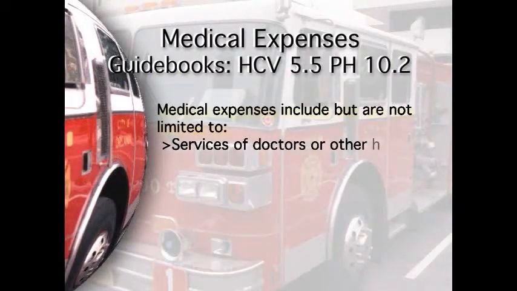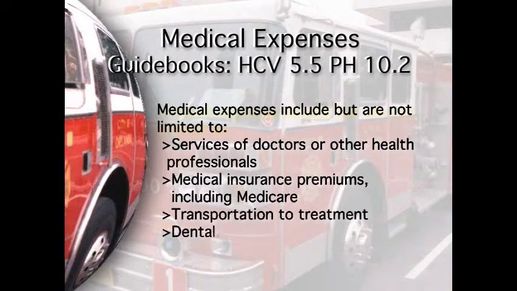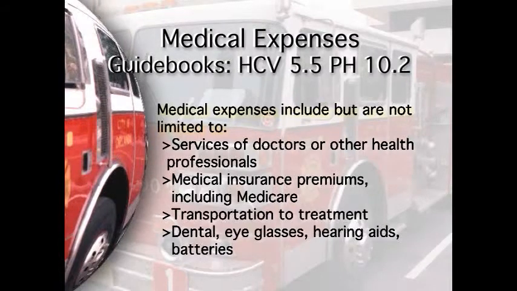If there is an elderly or disabled family, medical expenses are provided for each member of the household, regardless of age or disability. However, live-in aides and foster individuals are not assisted household members and cannot qualify for any deductions. Medical expenses include, but are not limited to, services of doctors or other healthcare professionals.